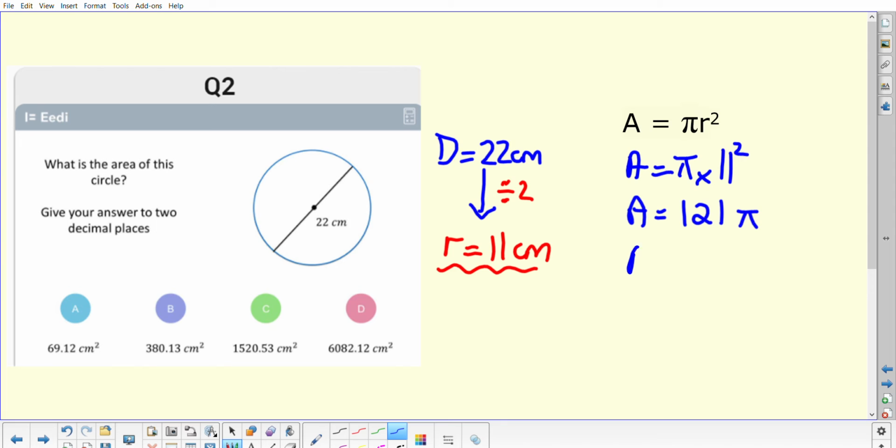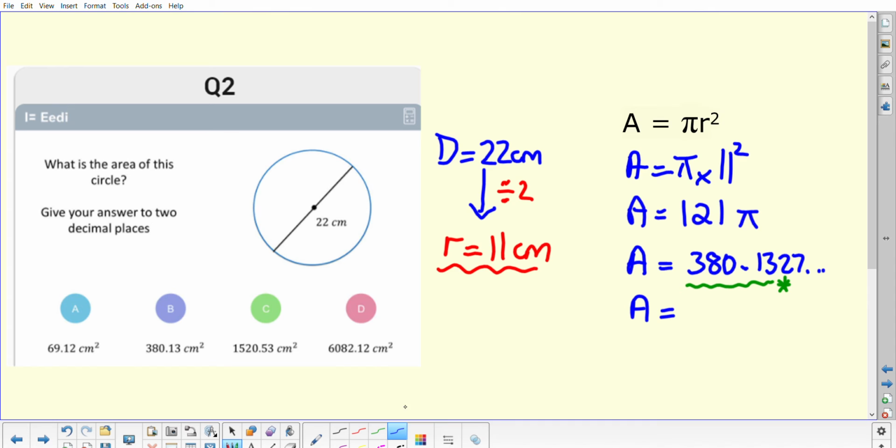And here, because we're looking for the decimal format, if you do that calculation, it comes up as 380.1327, whole load of other digits. We would round that. In this case, you have to round to 2 decimal places, so that means that you'd be going up to where the 3 is, and then you're looking at what follows the 3, and you can see it's a 2.